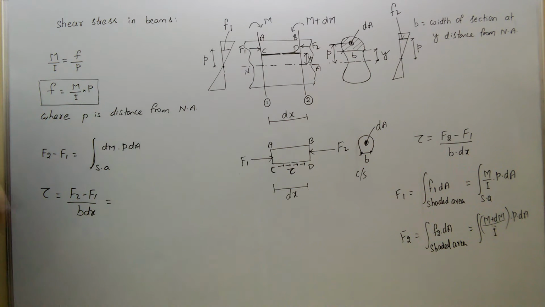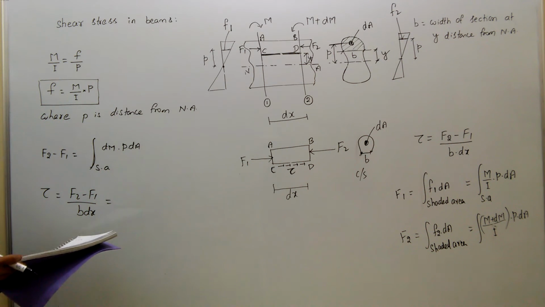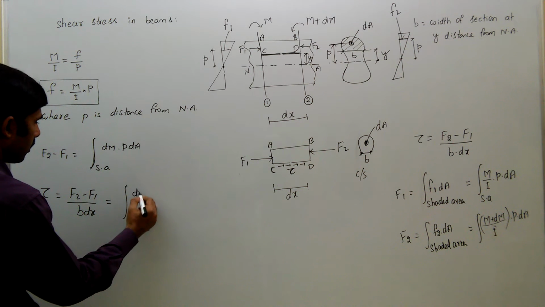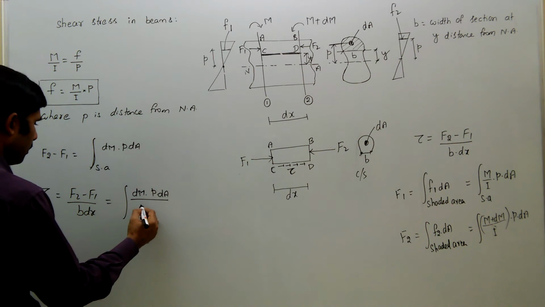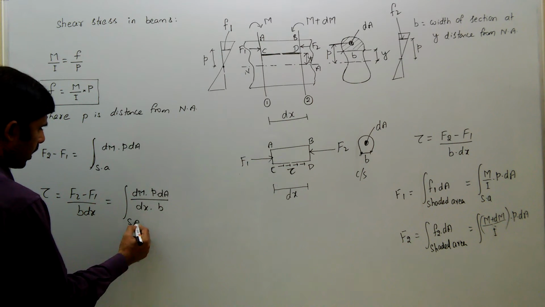That equals integral of dM into p dA by b into dx, over the shaded area.